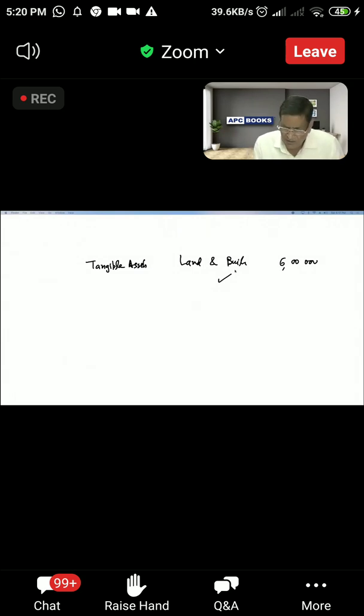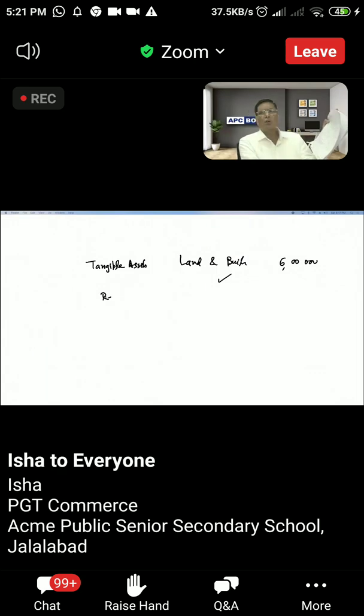So if the realized value of a tangible asset is not given, please read below illustration number 8, note number 1. Realized value of tangible asset, that is land and building in this question, is not given.